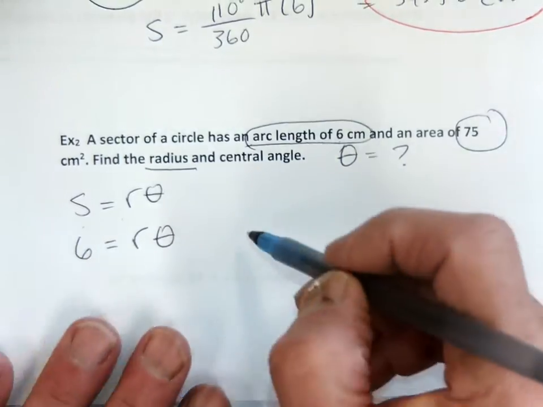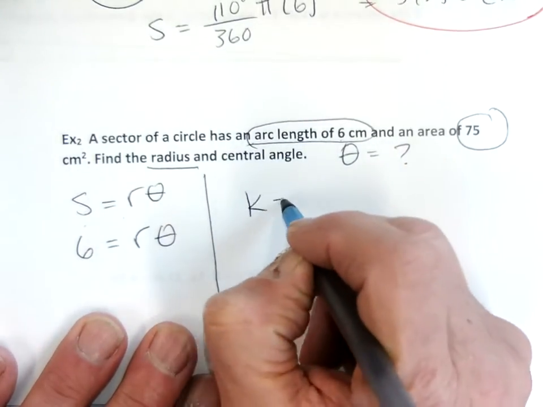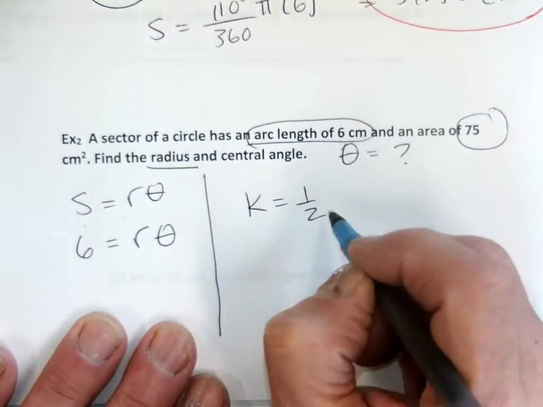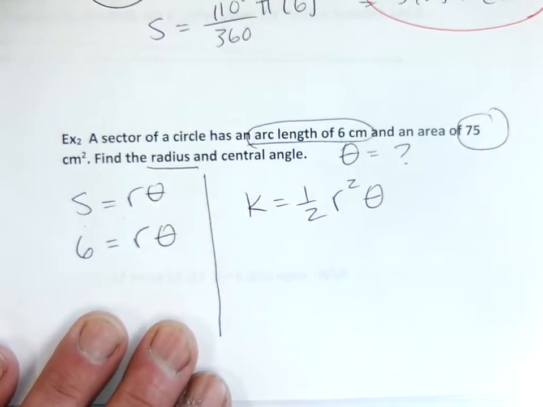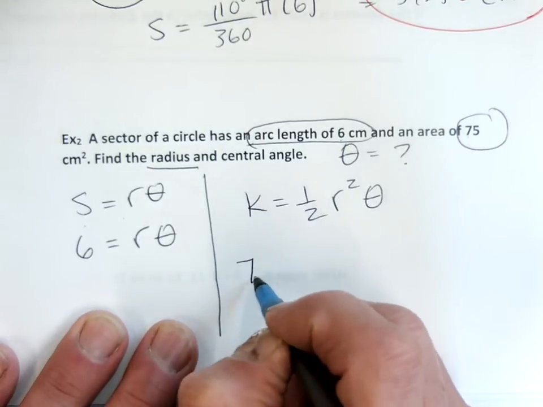But I have a second piece of information, that's the area. So the area is 75. I've got an area formula, which is 1/2 r squared theta. I know 75 is my area.